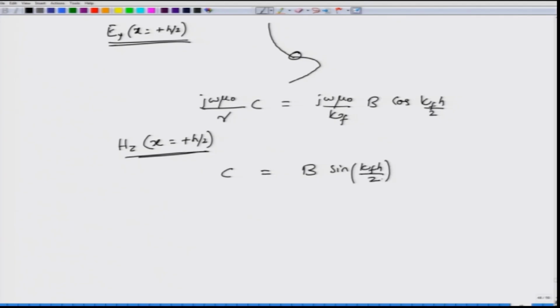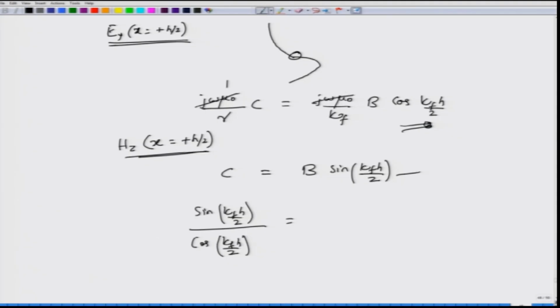Luckily, c is there on the left hand side, b is there on the right hand side. If I divide the first equation by the second equation, what do I get? I will get sin kappa f h by 2 divided by cosine kappa f h by 2. And j omega mu naught is constant on both sides, so I can remove them.